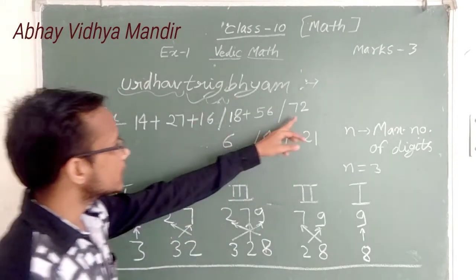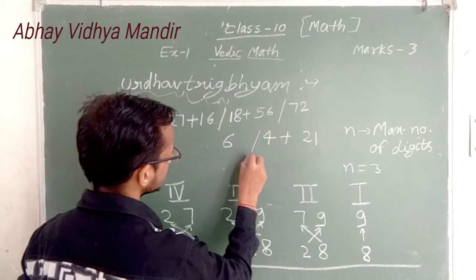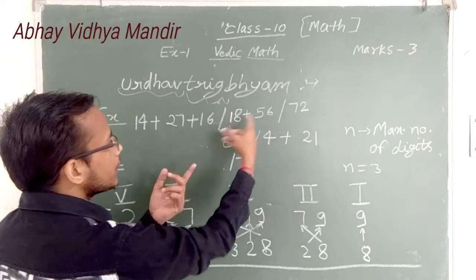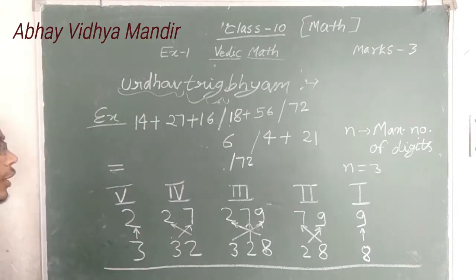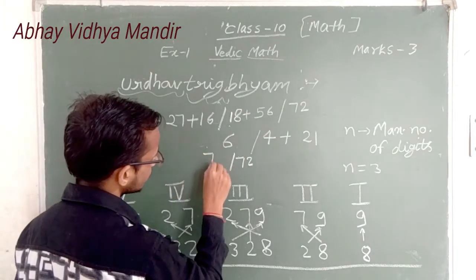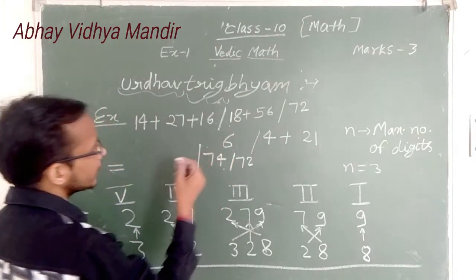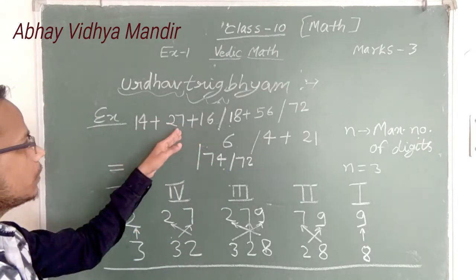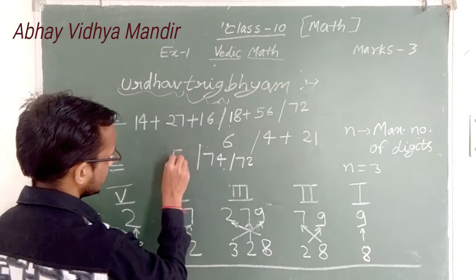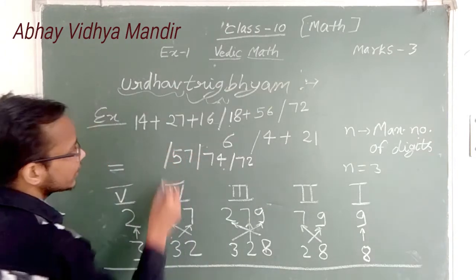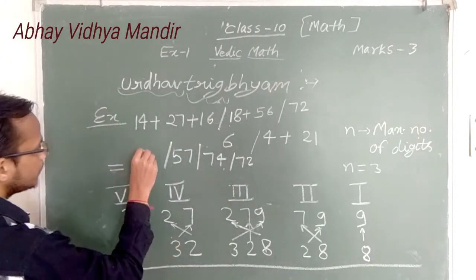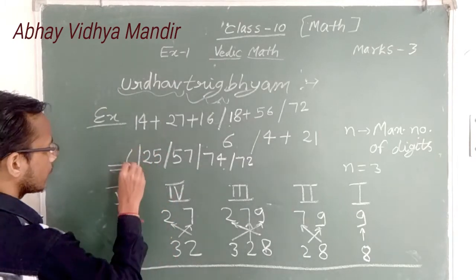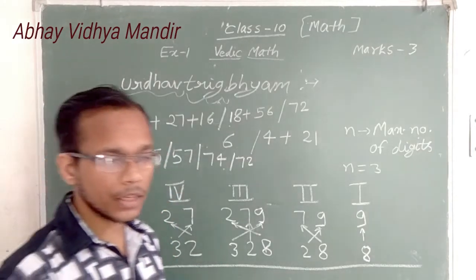Now this is 72, oblique. This is 56 plus 18, 74, oblique. This is 16, this is 14, 30, 30 plus 27, 57, oblique. 25 oblique 6. Okay, we have done it.